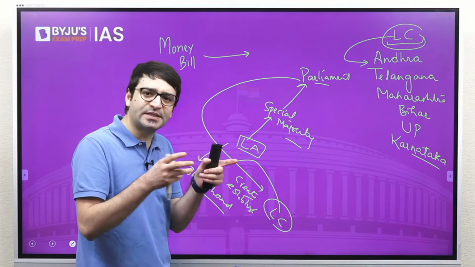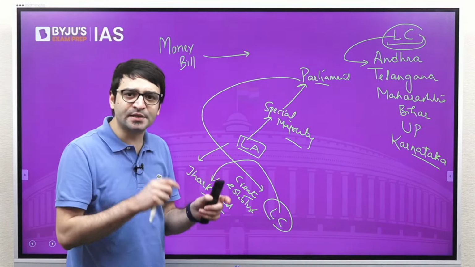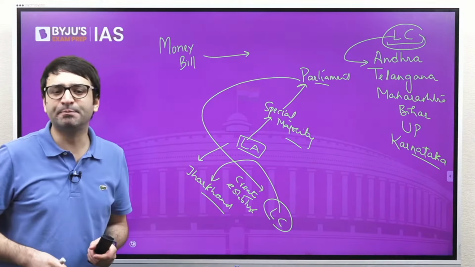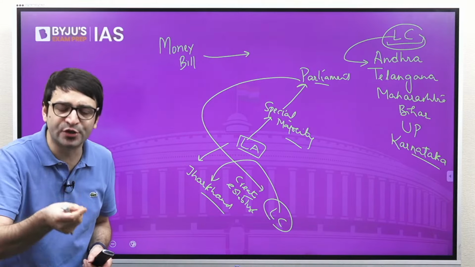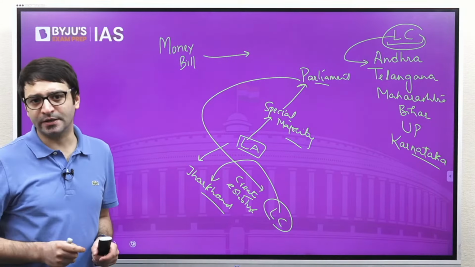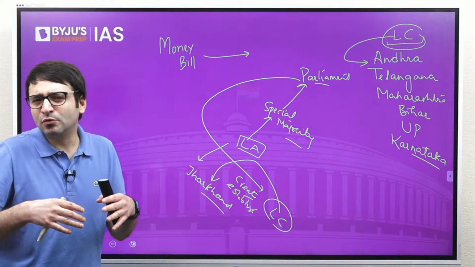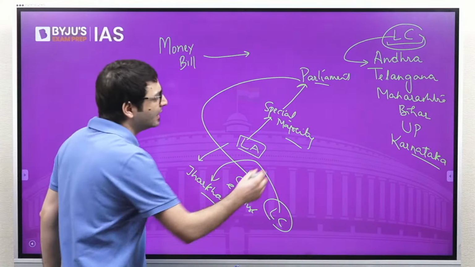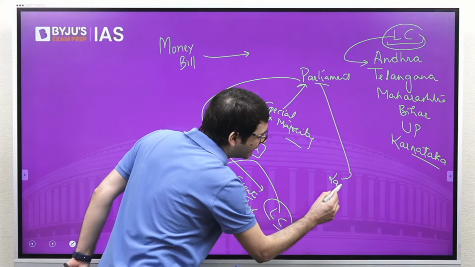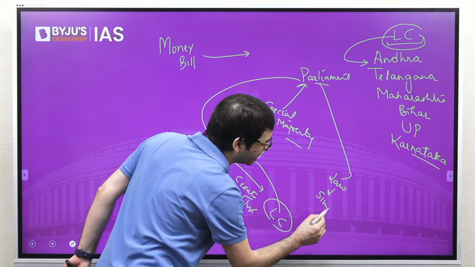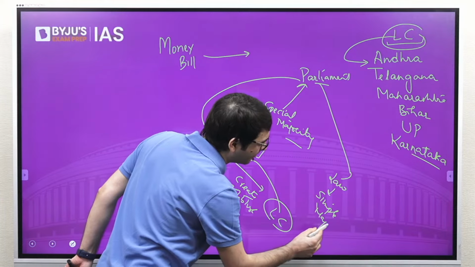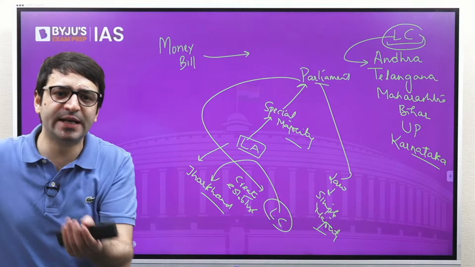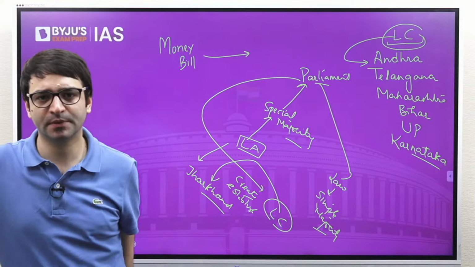Once the Assembly passes this resolution requesting the parliament to create a legislative council for Jharkhand, if parliament accepts this resolution, then parliament will have to pass a law by simple majority, and the legislative council is created.